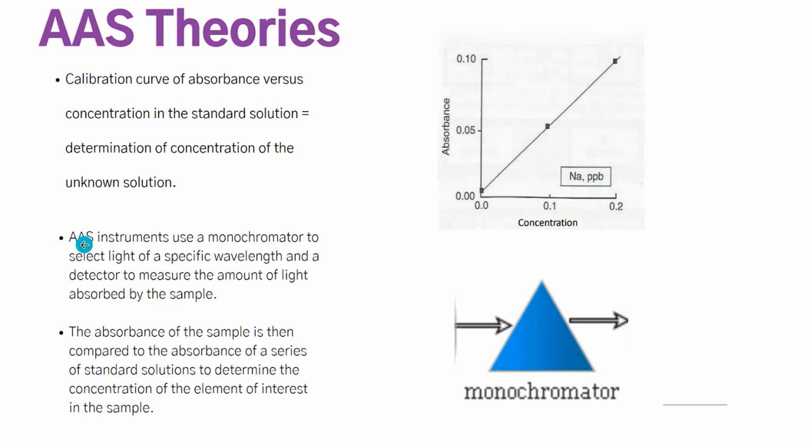Now, AAS instruments use a monochromator to select light of a specific wavelength and a detector to measure the amount of light absorbed by the sample.